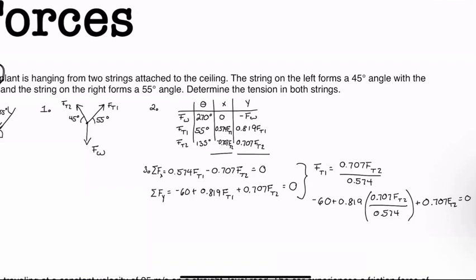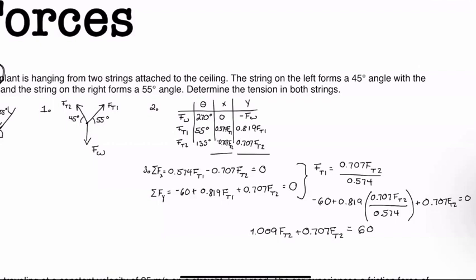Therefore, 0.819 times 0.707 divided by 0.574, I'm going to have 1.009 FT2 plus 0.707 FT2 equals 60.